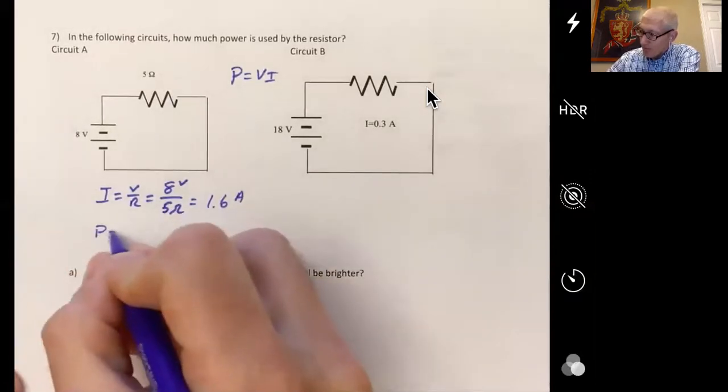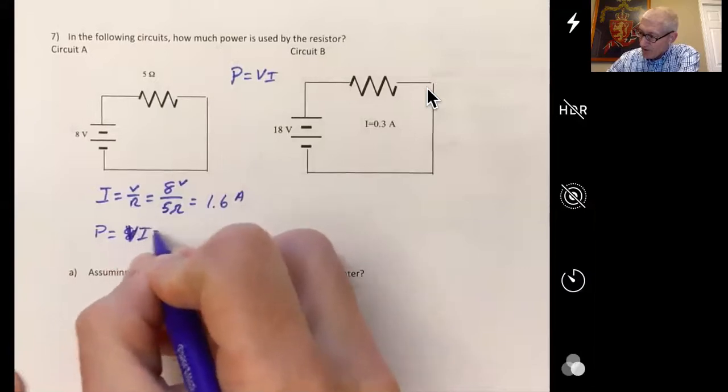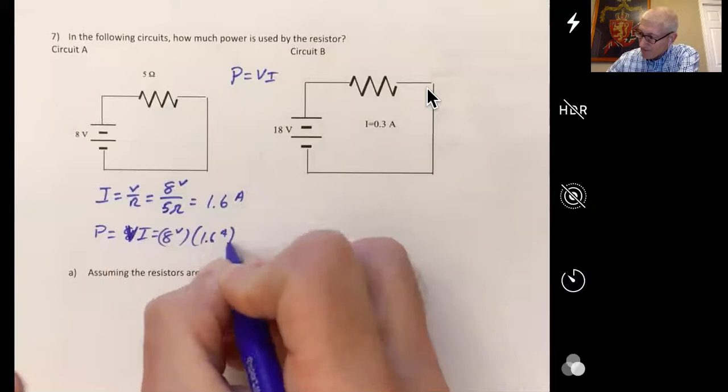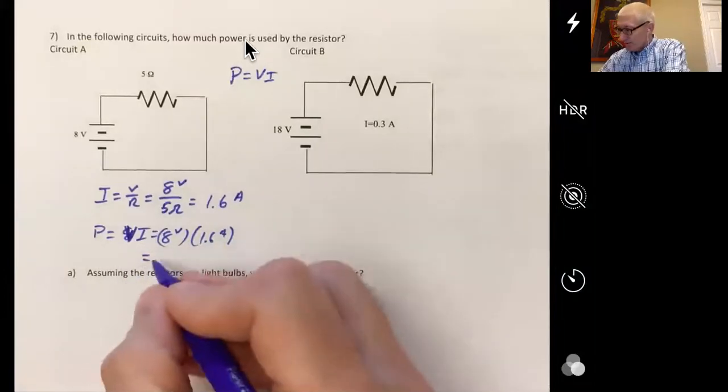And so the power is going to be voltage times current, 8 volts times 1.6 amps. And if I do that, and I lost my calculator, let me get that back on the screen. 12.8 watts.